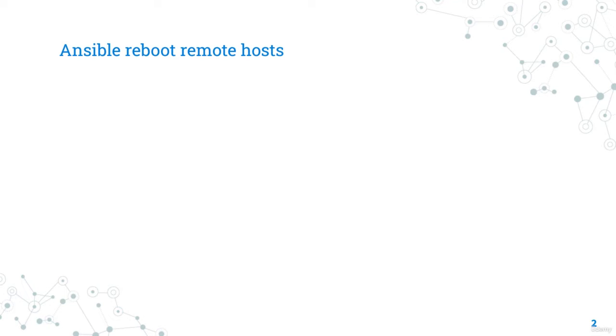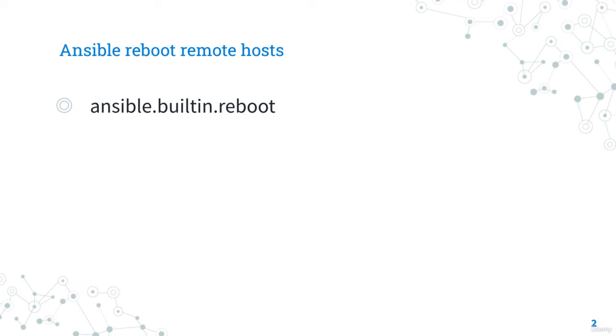Today we are talking about the Ansible module reboot. The full name is ansible.builtin.reboot, which means that it is part of a collection of modules built in with Ansible and shipped with ansible-core.